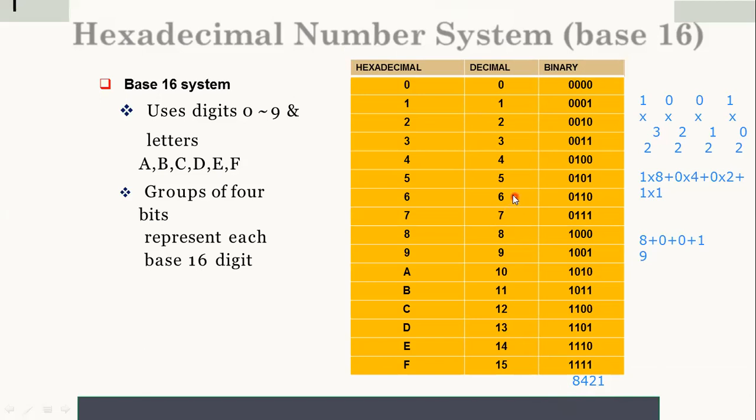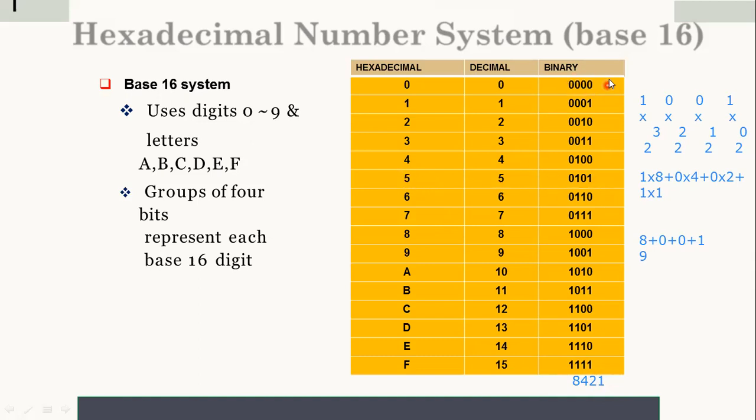Now how to remember this? Suppose you are taking 5, how to get 5 from this? 4 plus 1 is 5. That means 0, 1, 0, 1.